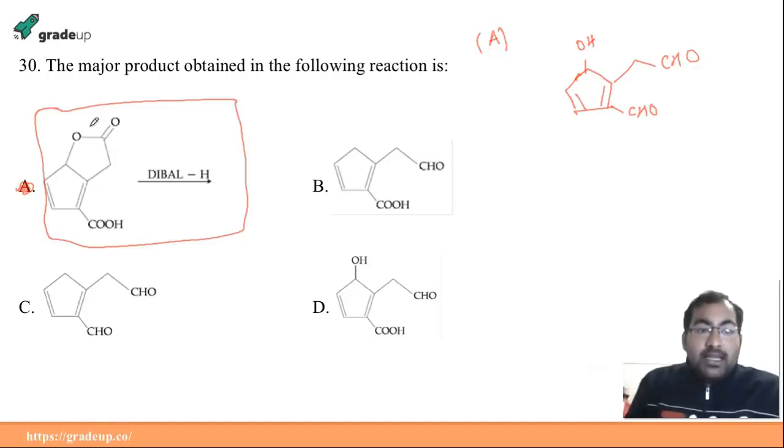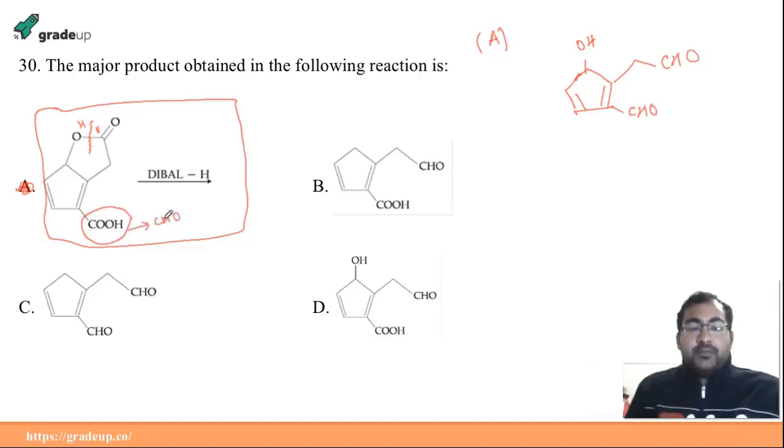So what will happen in this case? First of all, this ester is going to be reduced. So you'll get an H here and another H here. And this is another acid which is going to be reduced to CHO. This is what DIBAL-H does.